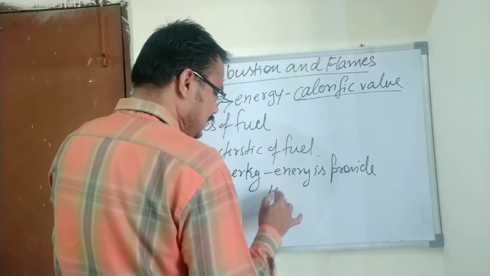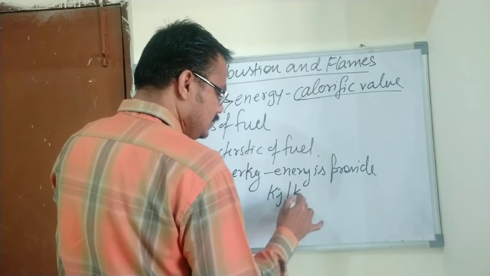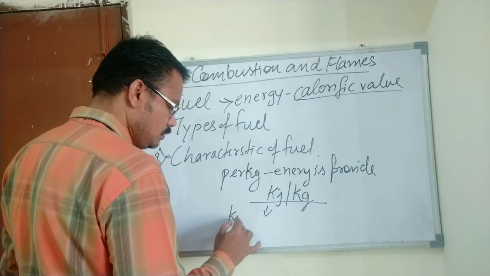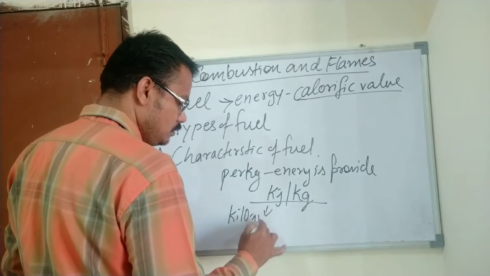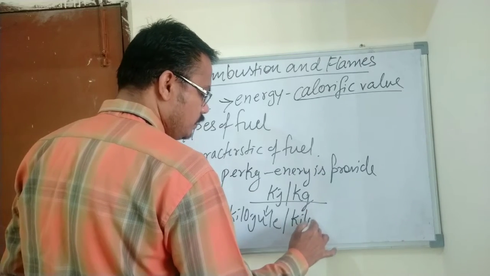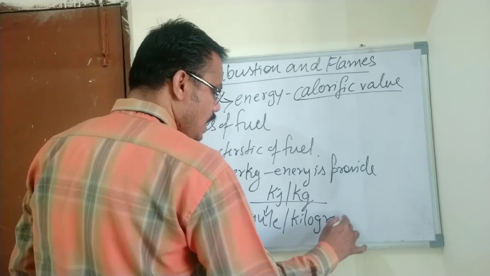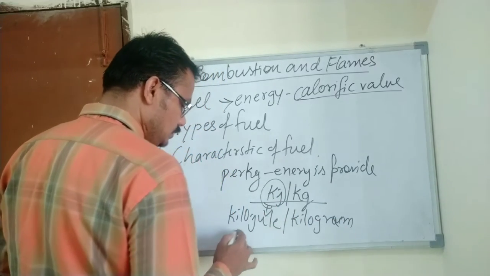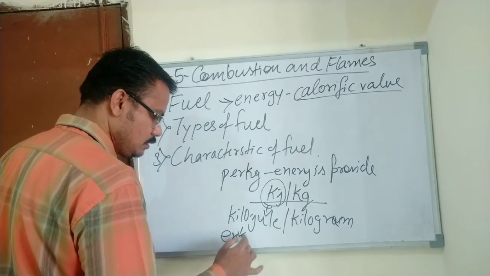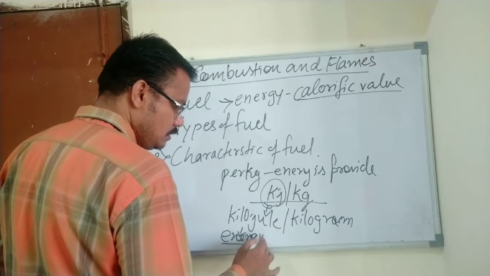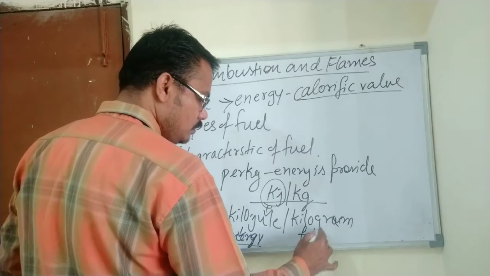that is written as kJ per kg. kJ means kilojoule, per kg means kilogram. How much kilojoule energy? This is energy, and this is fuel.